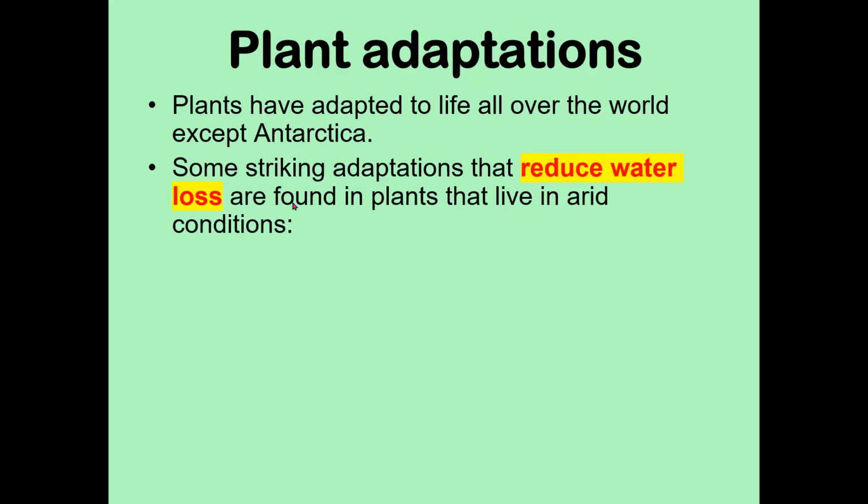Now, I picked one because we were talking so much about water. I picked some examples of what sort of adaptations plants have developed to reduce water loss in arid conditions. They can have hairy leaves or hairy stems. Now, when you've got a lot of little hairs, water is actually trapped within the hairs.